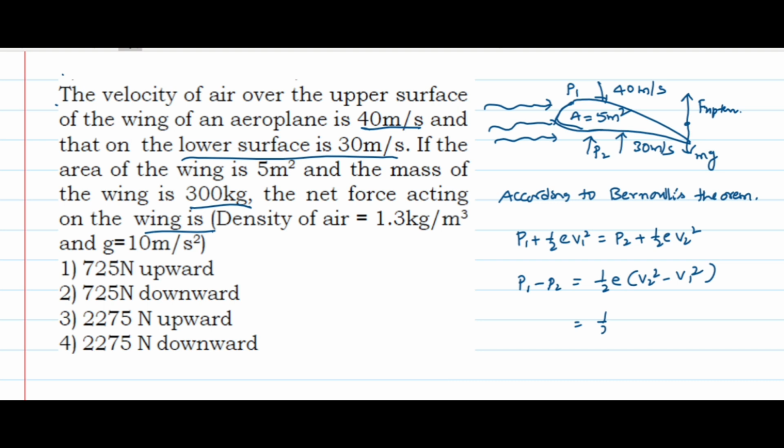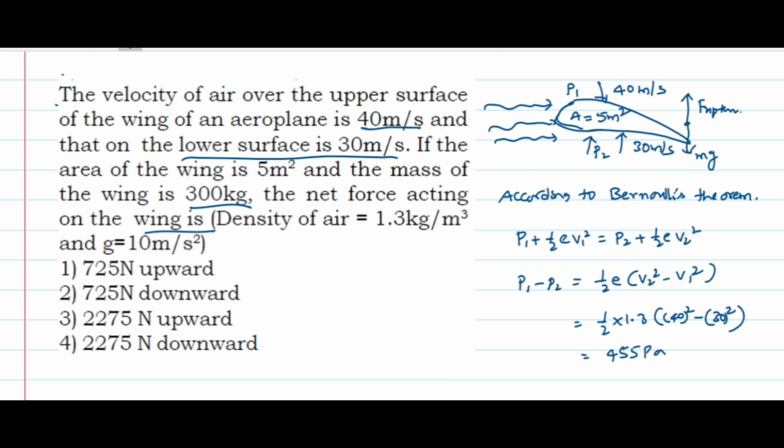So this value will be half into 1.3, the density of the air as given, into V2 square minus V1 square, that is 40 whole square minus 30 whole square. When we simplify this, we get nearly 455 Pascal.